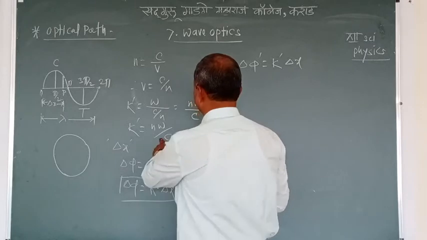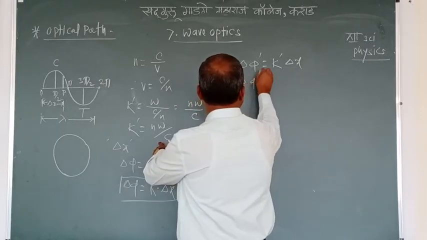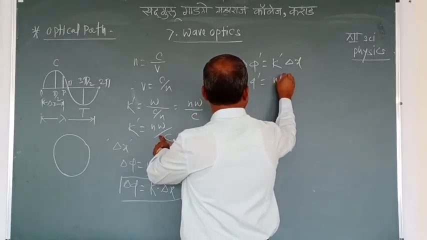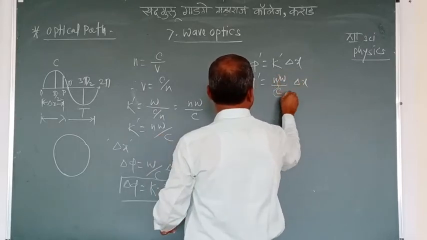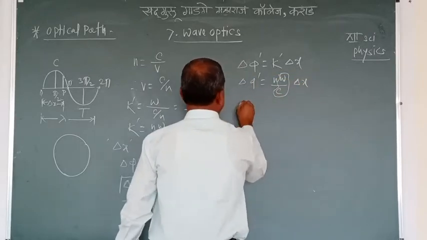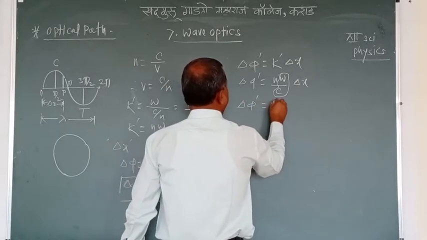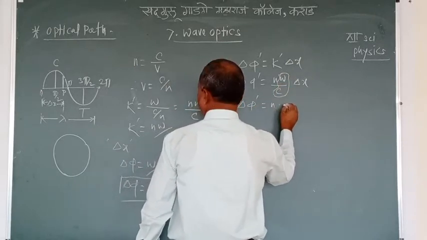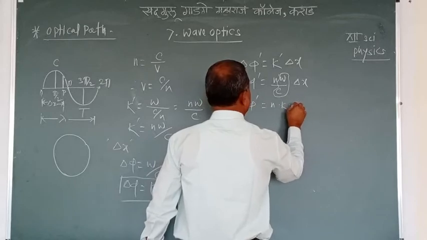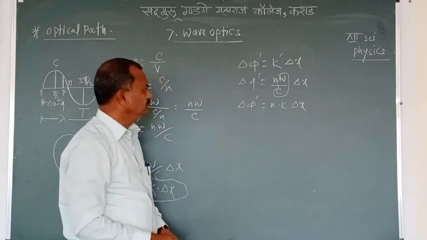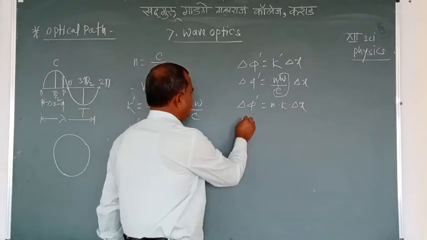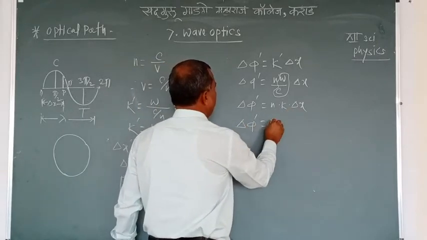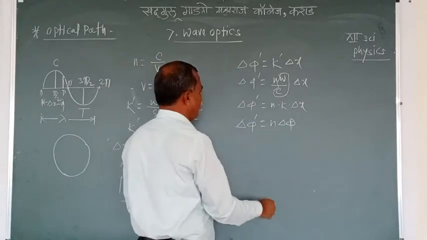But K dash equal to n omega divided by c, so delta phi dash equal to n omega divided by c into delta x, which equals n into K into delta x. But K into delta x equal to delta phi. Therefore, delta phi dash equal to n into delta phi.